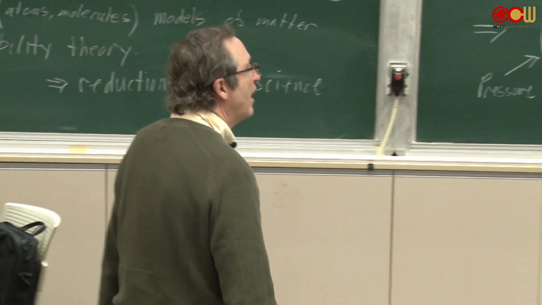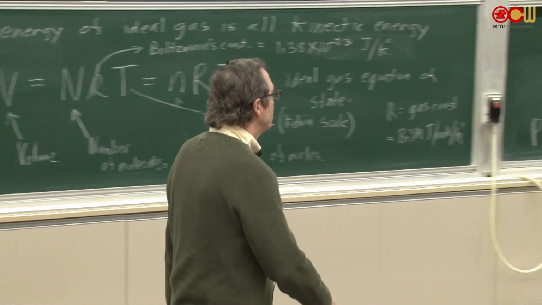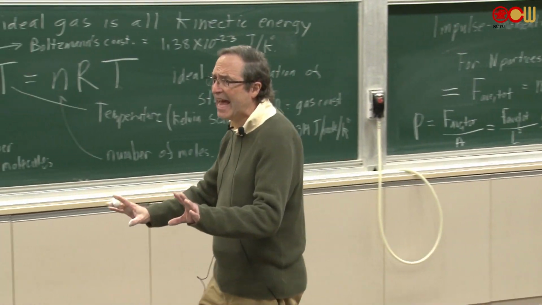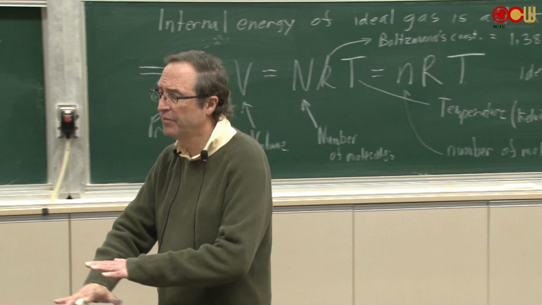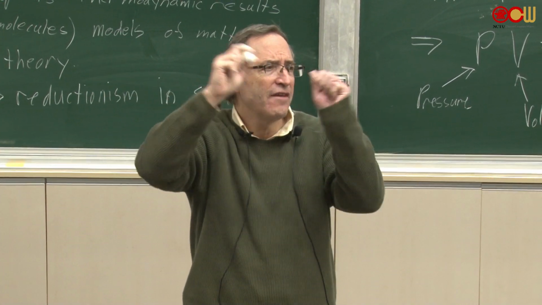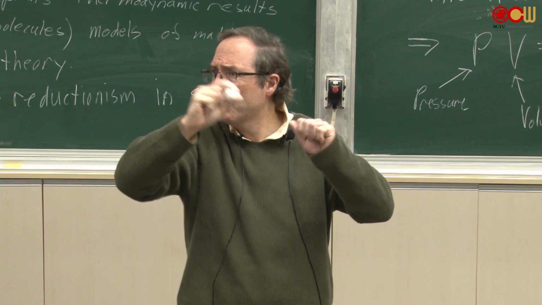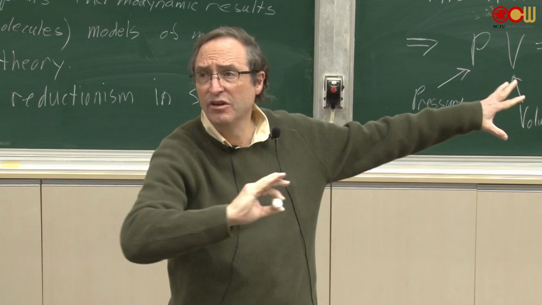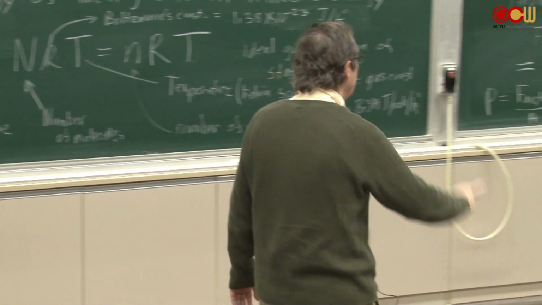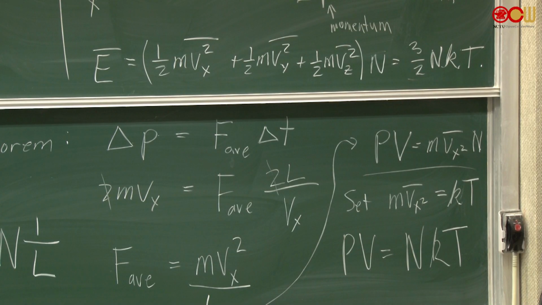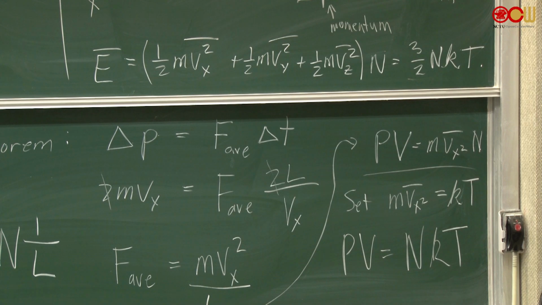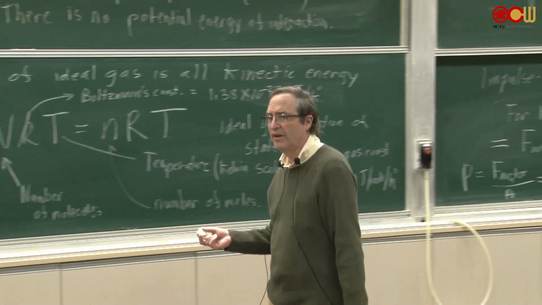The internal energy is 3/2 NkT, and this is just looking at translation. If the molecules rotate or vibrate, like oxygen vibrates, that's not included in here. You have to add that extra. So these are the two main results that you get from kinetic theory.